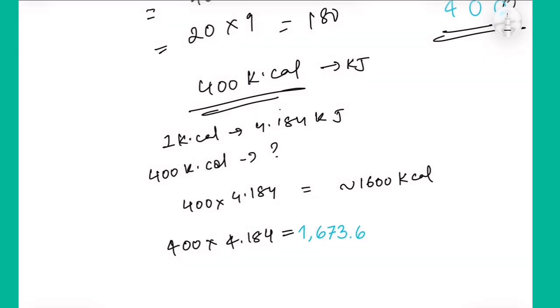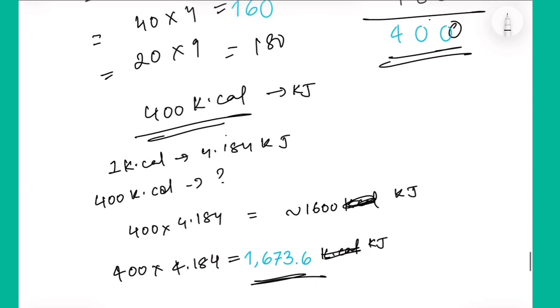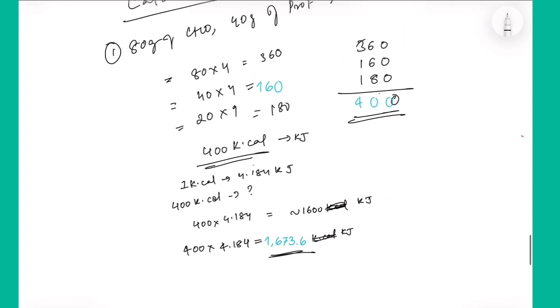So it is 1673.6 kilojoules. Done. This is the easiest way that you can calculate, and at most you might get questions till this point. This is just an additional point in case they appear. Next we'll go to the second question.